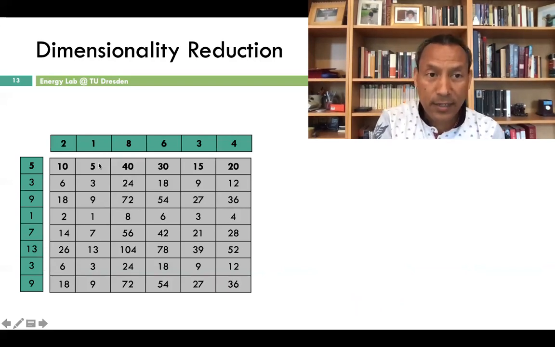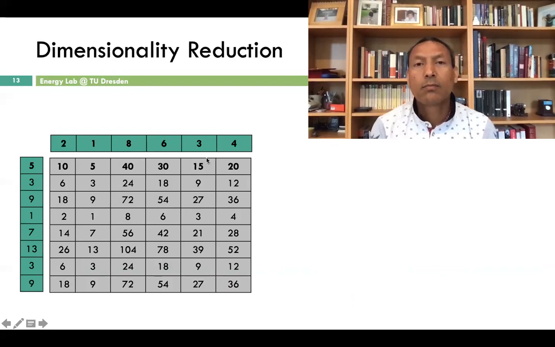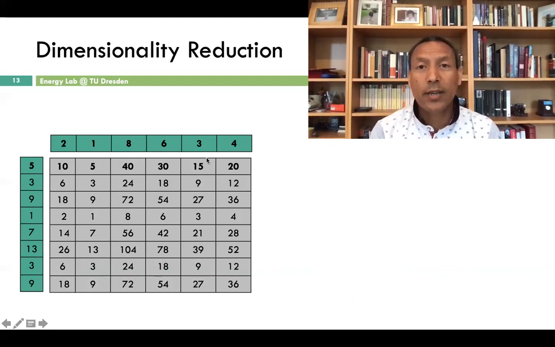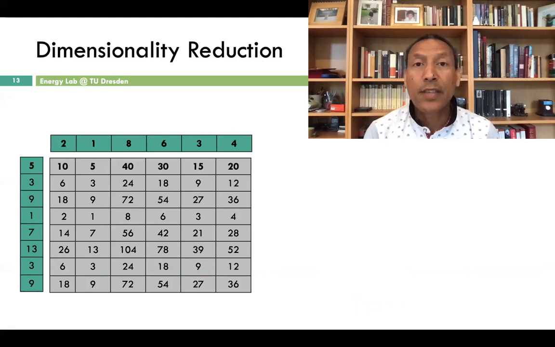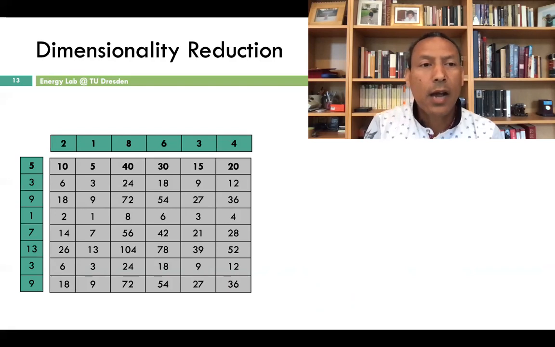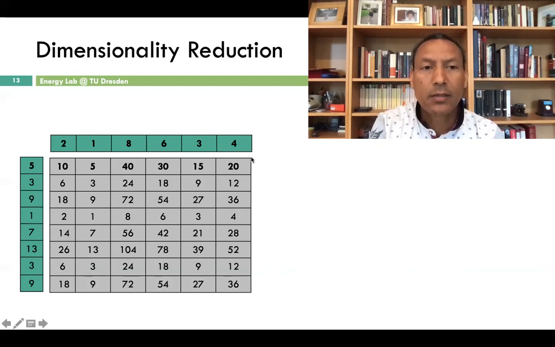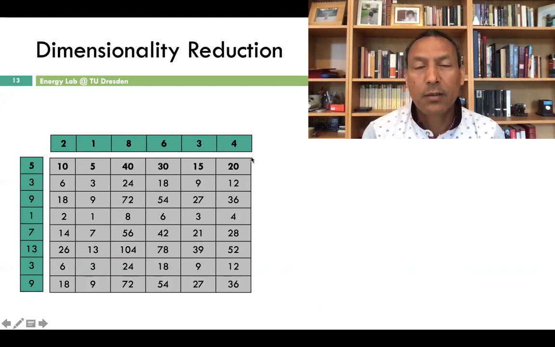If we factor along the columns, this is what we get. So actually, the unique values of this matrix are the ones depicted in green.